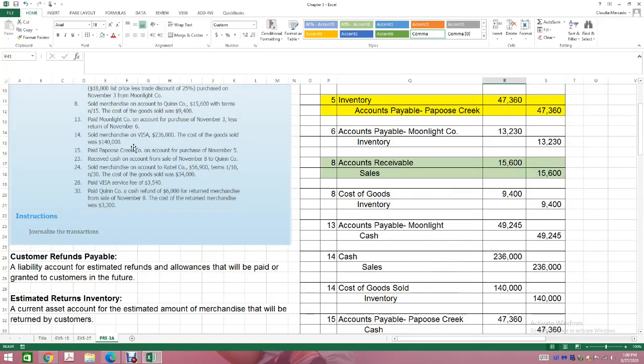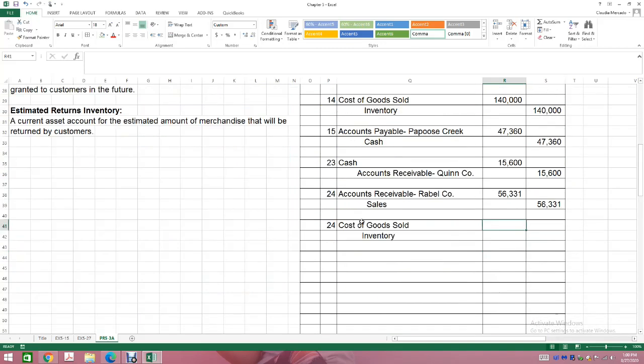On the 24th, you sold merchandise to Rabble Company for $56,900, terms 1/10, and the cost of the goods was $34,000. They're giving you the amount of the cost of goods sold of $34,000. So now that we know that amount, we just plug it in right here.